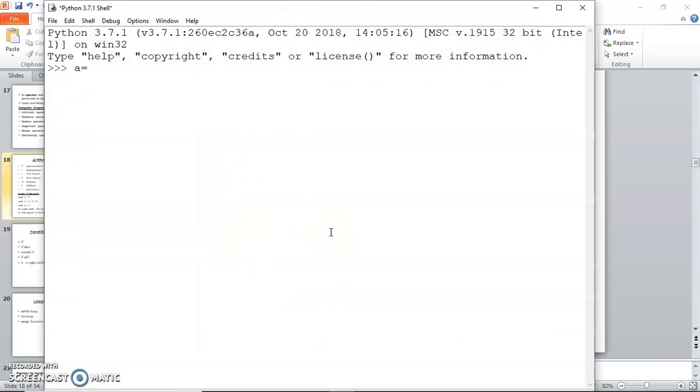So let's say that A is 5, B is 3, and C is 2. Let's work out one expression, A star B double star C. Which operator would you perform first, star or double star?